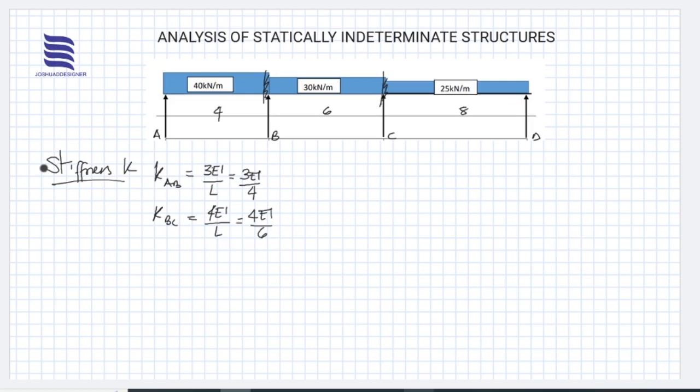Then for span CD, we have that to be same as span AB, so that will be 3EI over L, which is 3EI over 8, right?